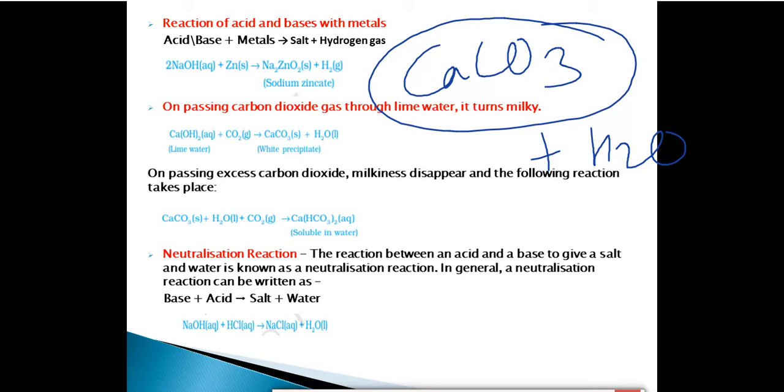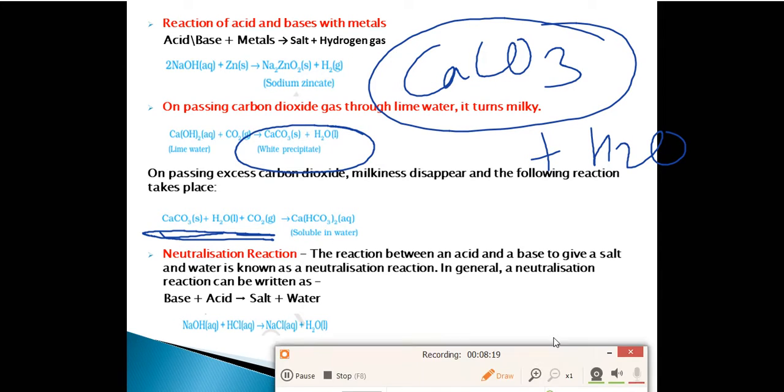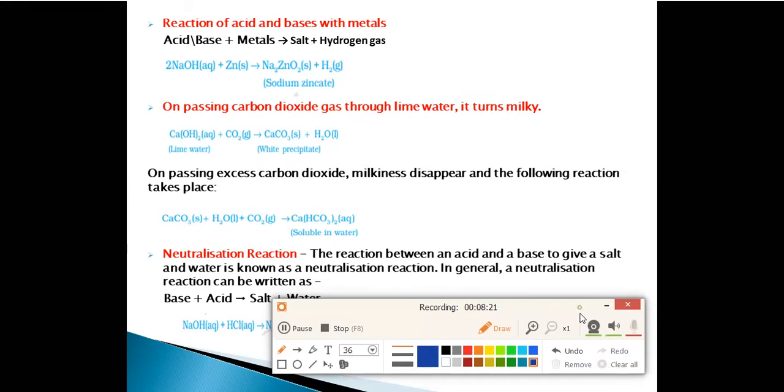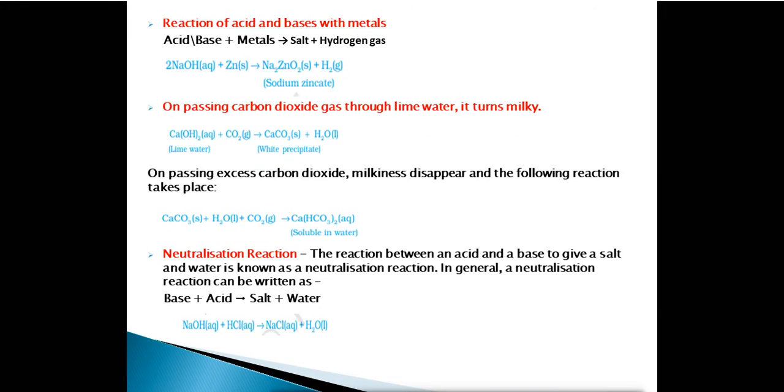But if we pass excess carbon dioxide through this solution, then what will happen? The milkiness will disappear. You have to take these products, CaCO3 plus H2O, and pass more carbon dioxide. What will happen? Calcium hydrogen carbonate will be formed, which is soluble in water, and the milkiness will also disappear.